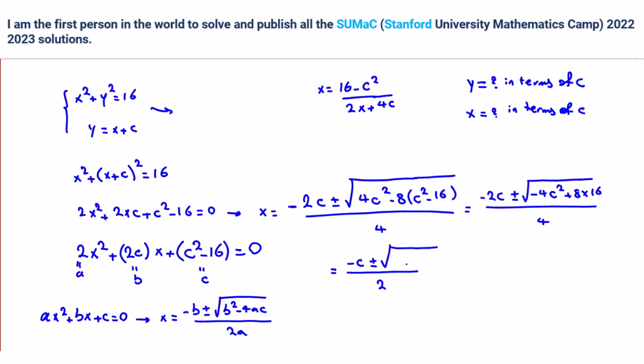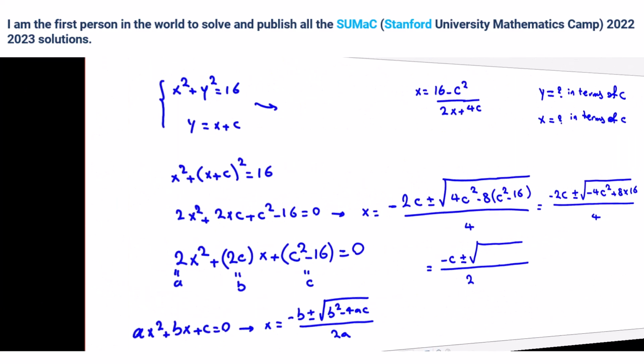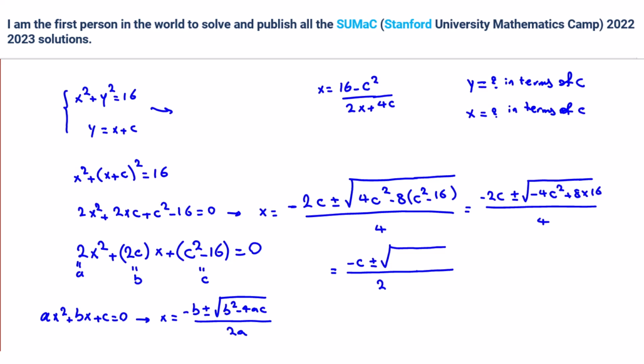Then what do we have inside the square root? Minus 2c squared plus 4 times 16.